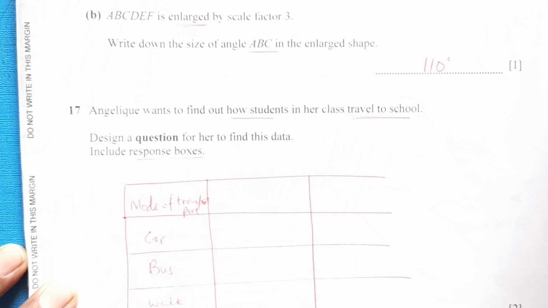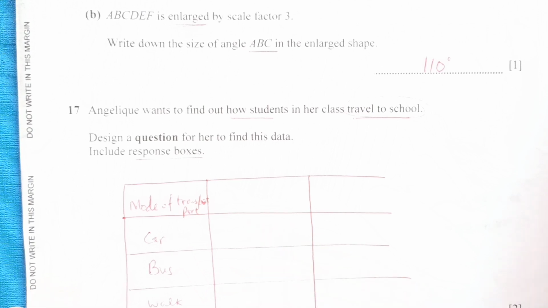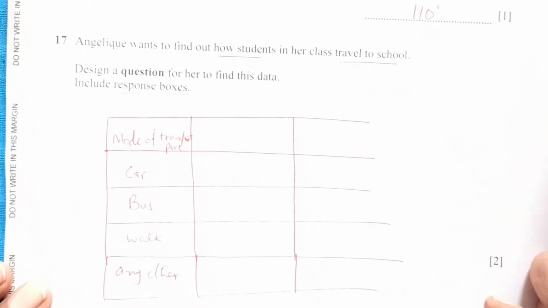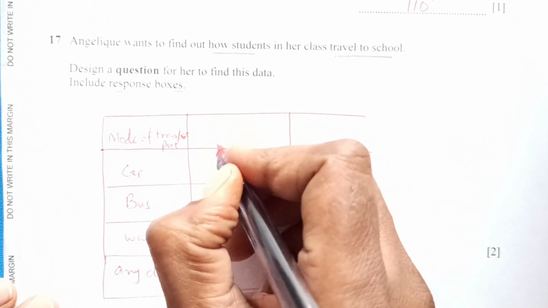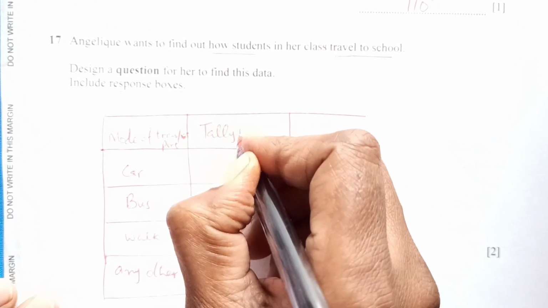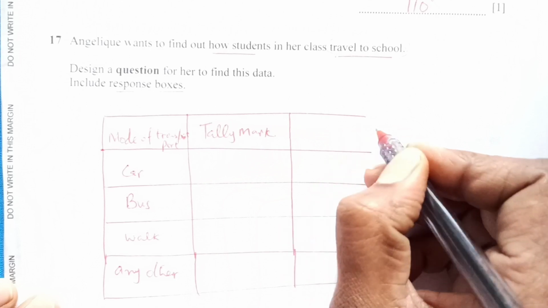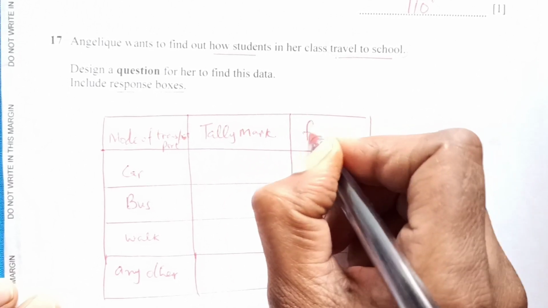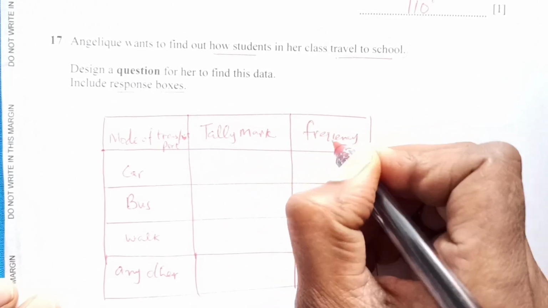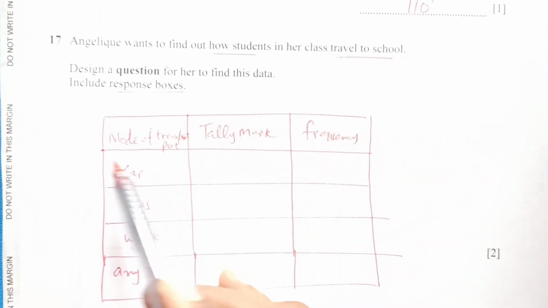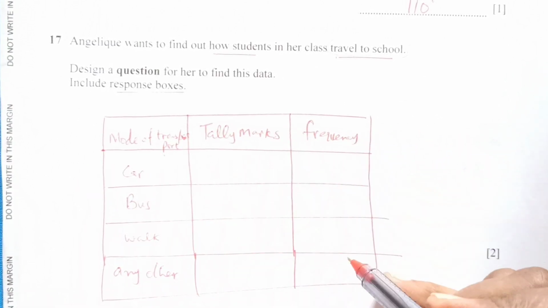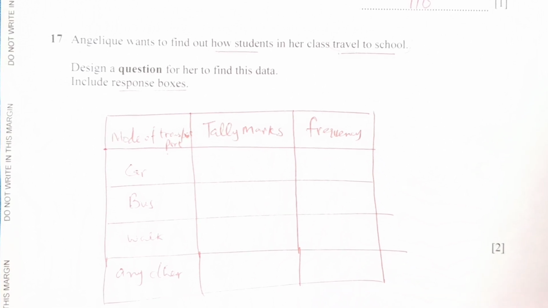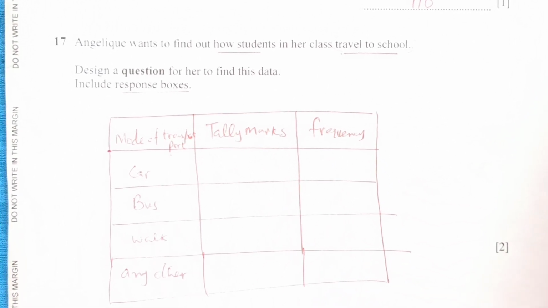So she needs to know the mode of transport, then how many responses she is getting. So for that we need to have a tally mark here, then the total of that should come here, the frequency. Okay, mode of transport, tally marks, and frequency. So that's the design for the questionnaire form that can collect the information.